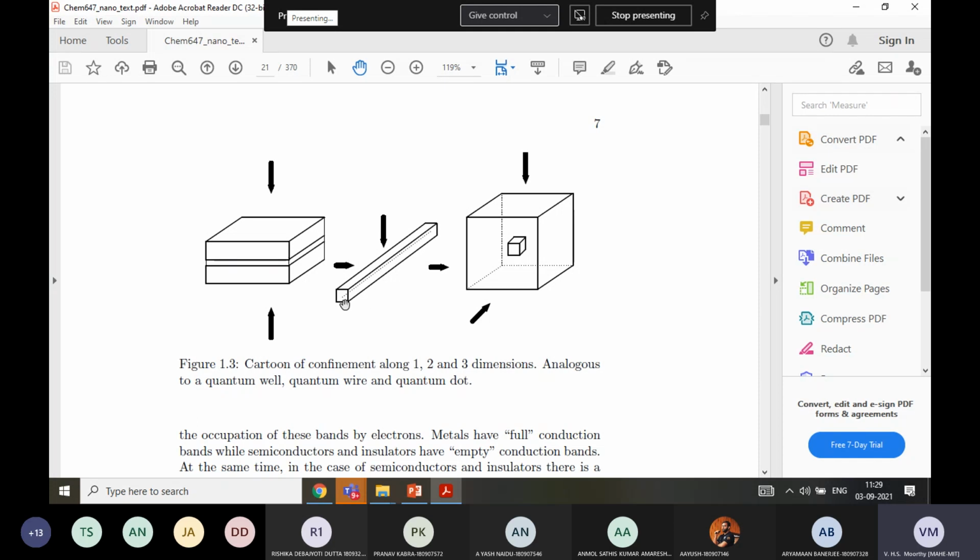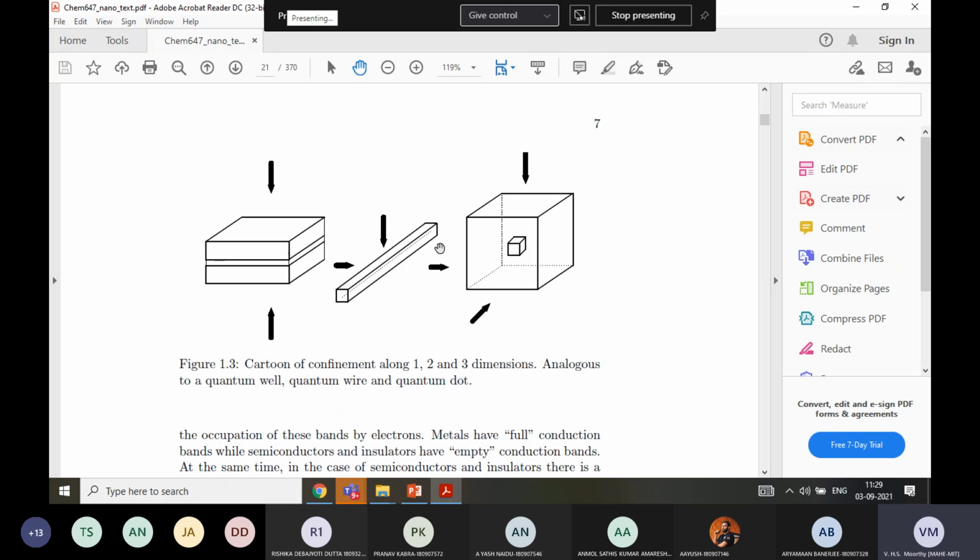So the electron can freely move in the x direction, meaning it can take continuous energy levels in the x direction only. In the y and z directions, quantized energy states are there, so the electron can take only discrete energy levels. This type of material is called a one-dimensional structure.